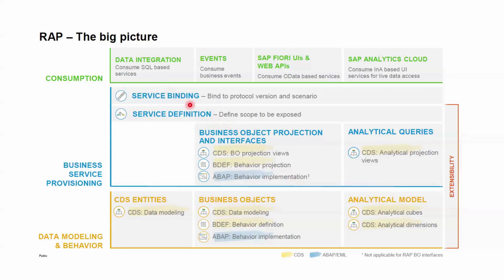Then finally, once the OData is generated, you will be consuming it in whatever application, whether it's a Fiori-based application, a freestyle UI5-based application, or any other analytical cloud application. Whatever you see on the left side is the transactional applications architecture. The same also holds good for the analytical applications. So this is the overview of the RAP architecture.